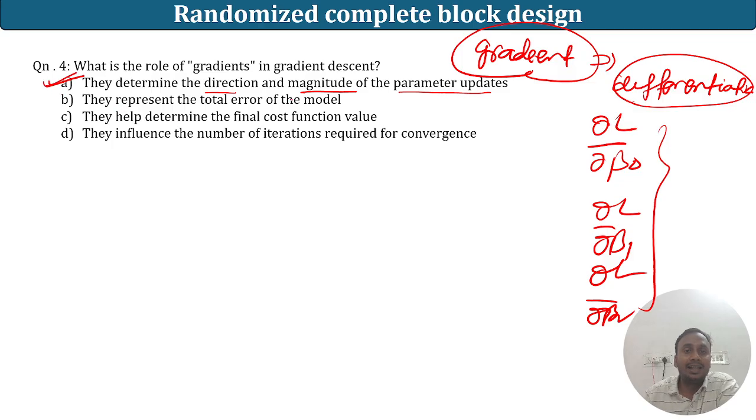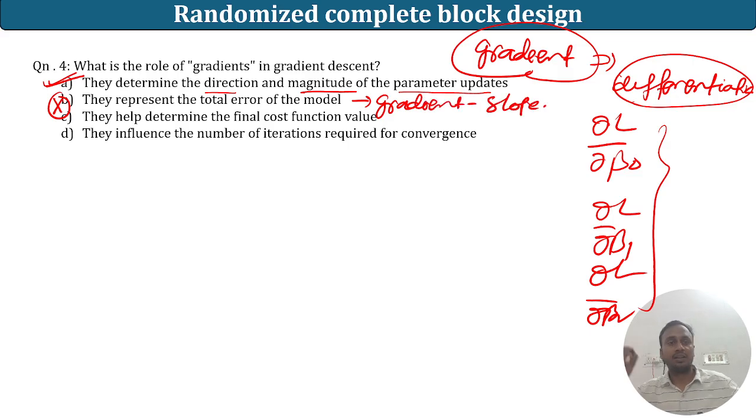Do they represent the total error of the model? No. It's just a differentiation. They're not going to tell what the error is, they can't give the error parameters. Why? The gradient is not the error, it's actually a slope. Do they help determine the final cost function value?